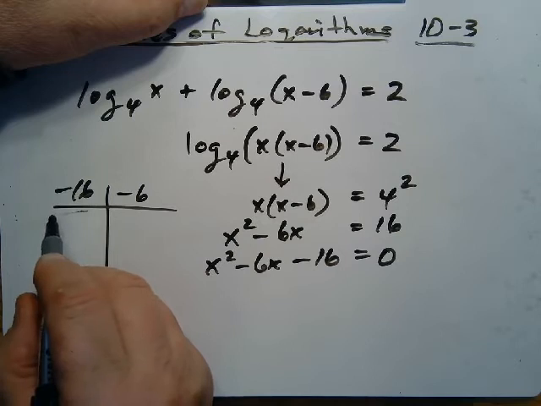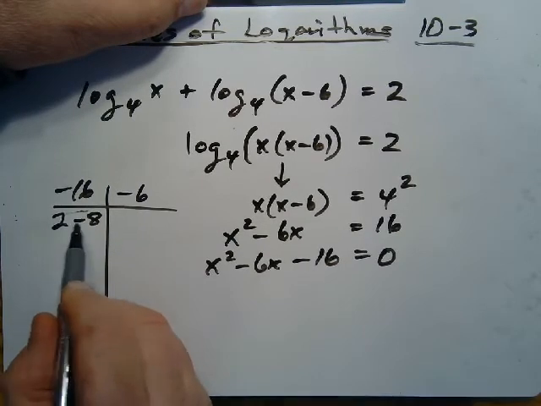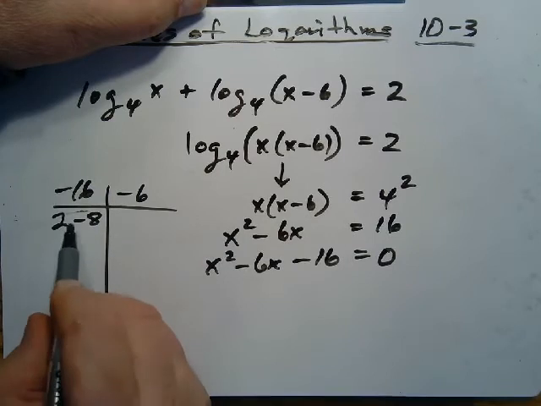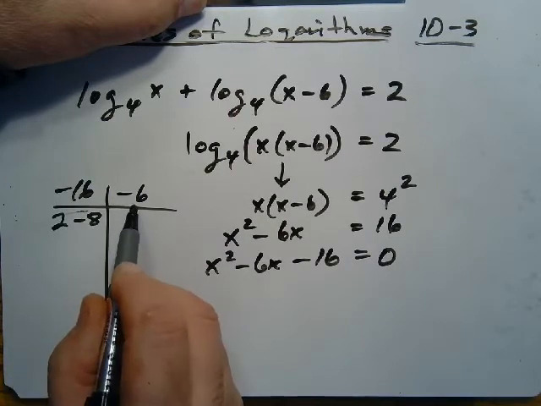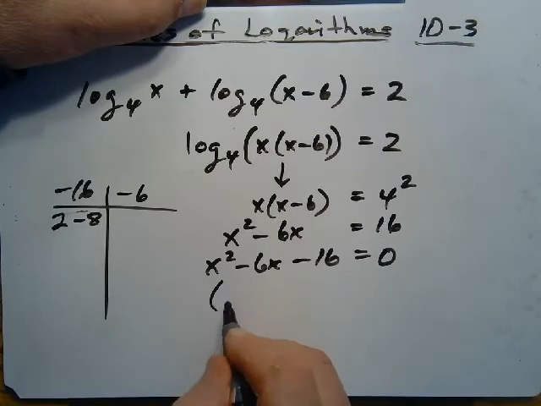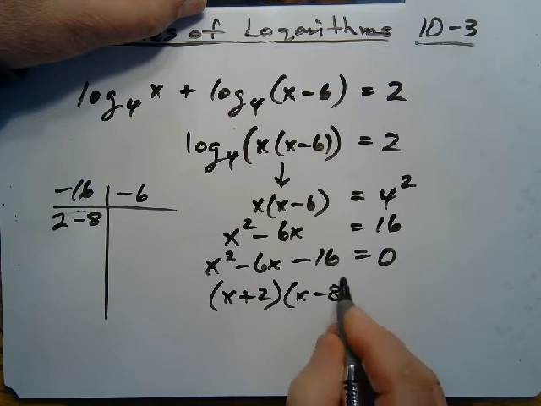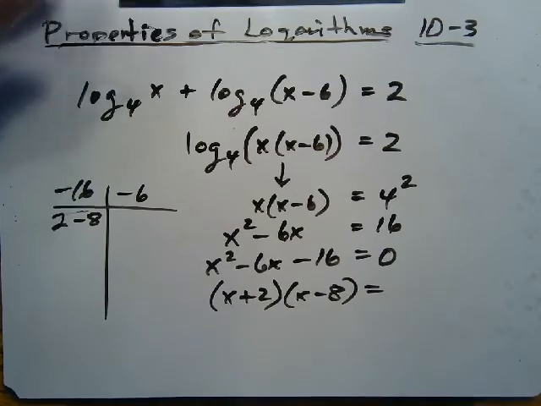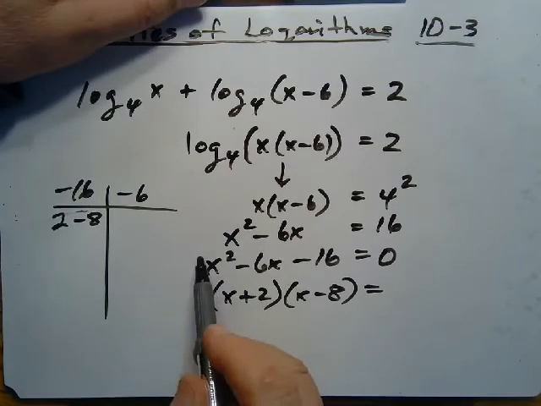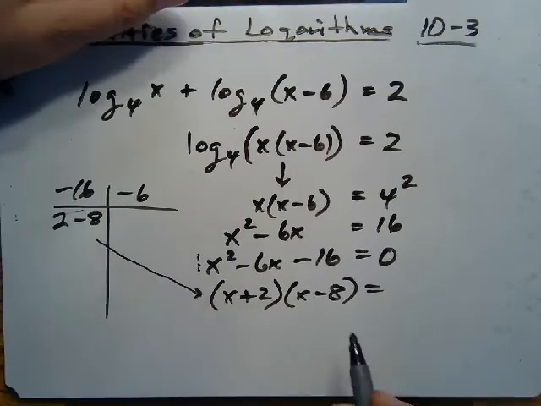If I multiply together 2 and negative 8, 2 times negative 8 gives me negative 16, and 2 plus negative 8 gives me negative 6. That works. So this factors to x plus 2 and x minus 8. Now you notice I didn't have to factor using factoring by grouping, because I had a 1 up front. So I could just jump straight to the end.